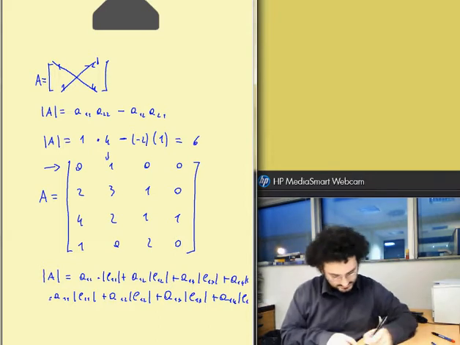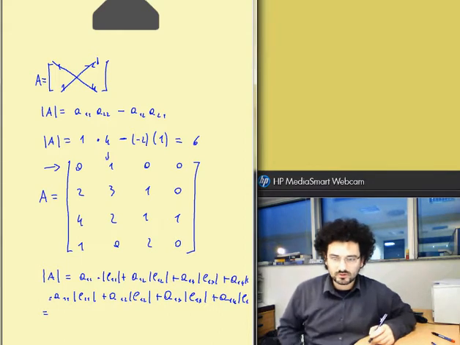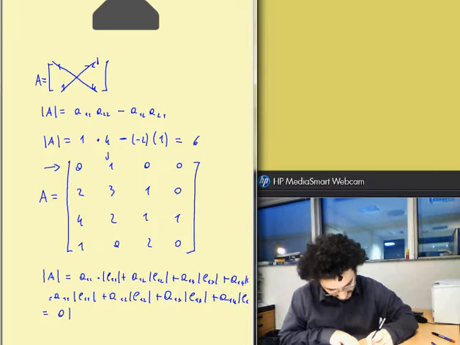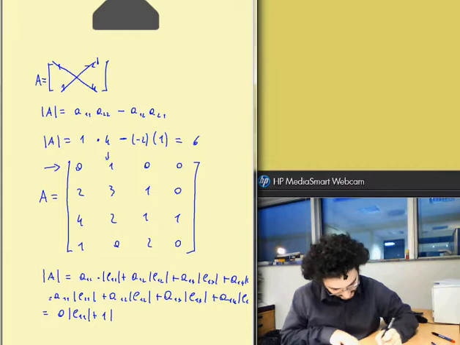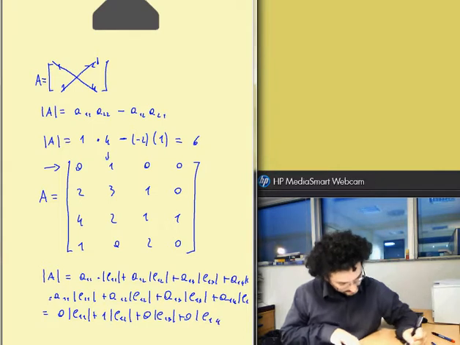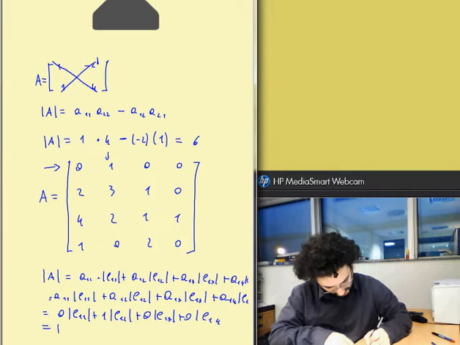In this case, most elements of the first row are equal to 0, so this is equal to 0 times the cofactor C11, plus 1 times the cofactor C12, plus 0 again times the cofactor C13, plus 0 again times the cofactor C14. So this is equal to the cofactor C12.